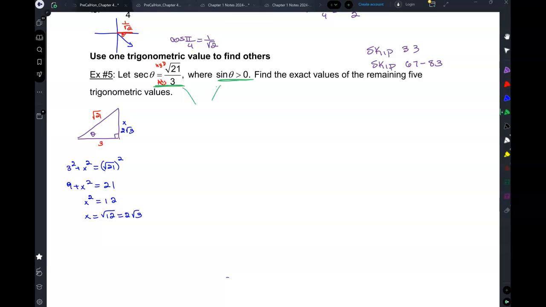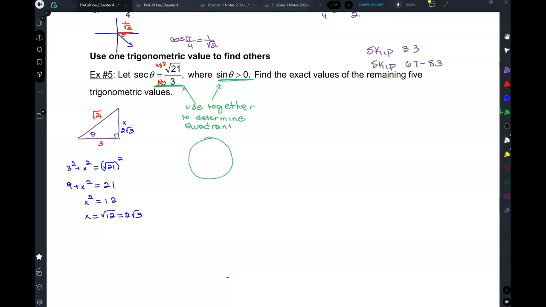So we're going to use these together to determine the quadrant, okay? And the way in which we do that is the following.